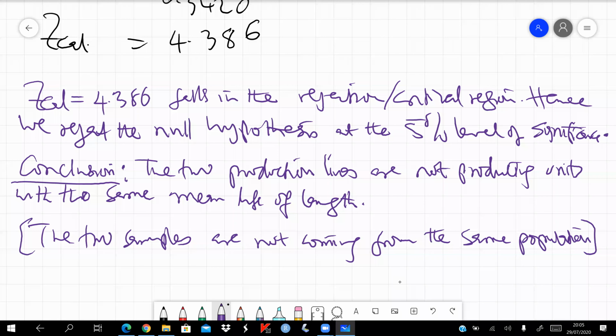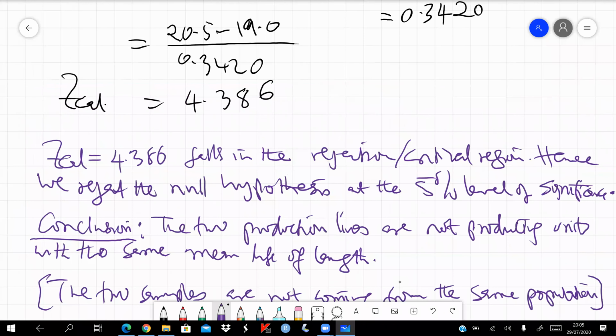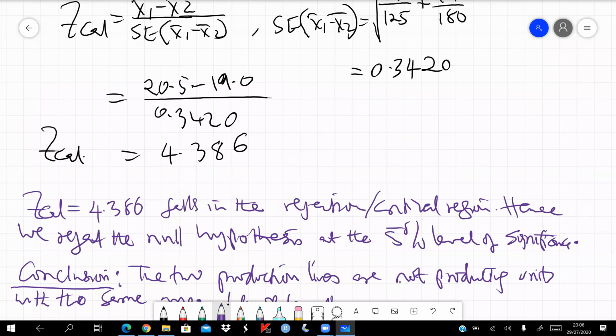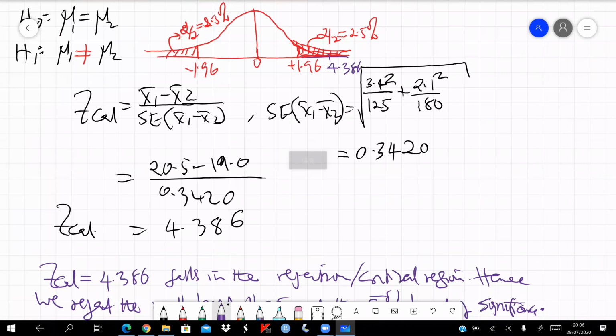When we are coming up with a conclusion, on a diagram, the part of acceptance, is it always the case that we are checking whether the figure for Z calc is inside the acceptance or outside the acceptance?